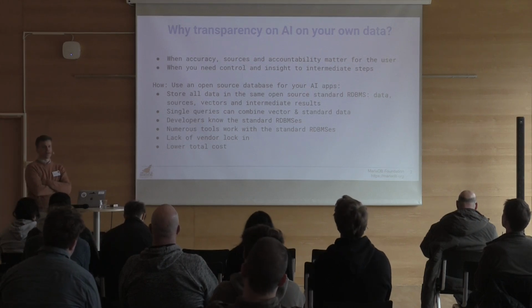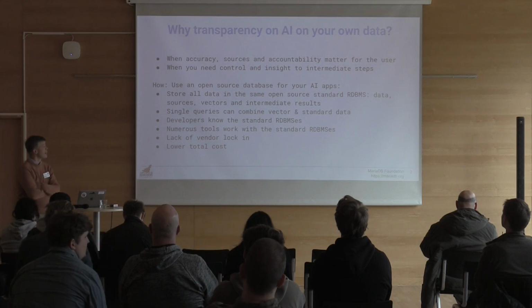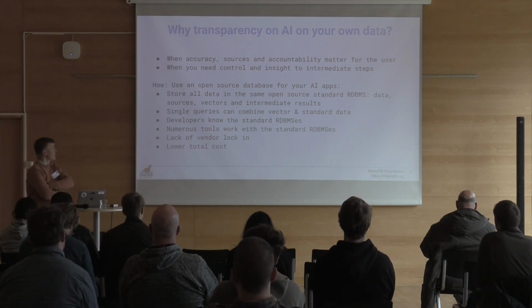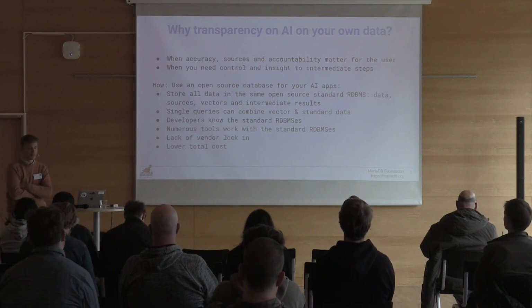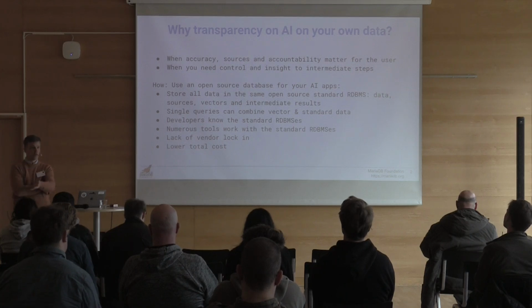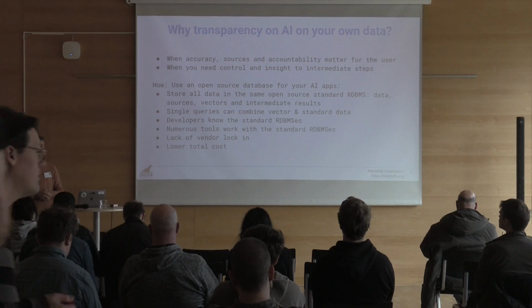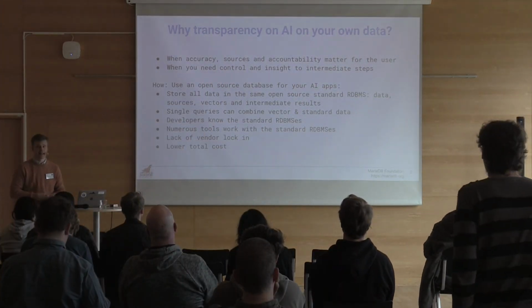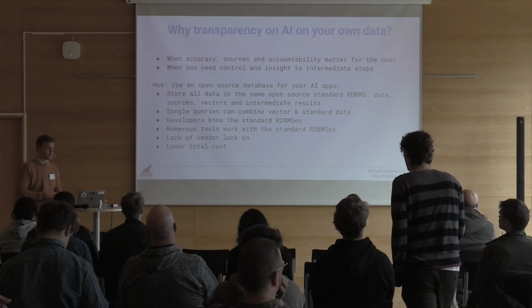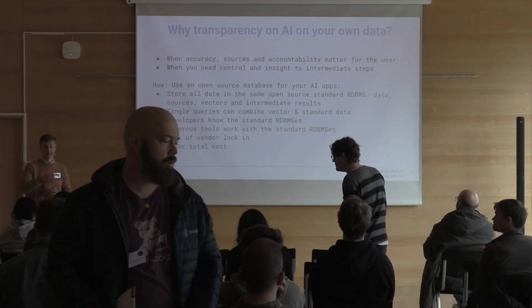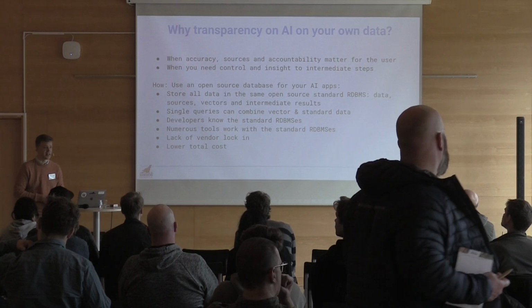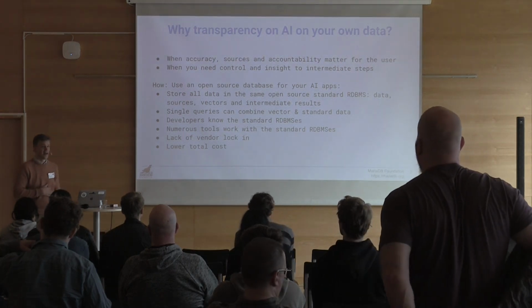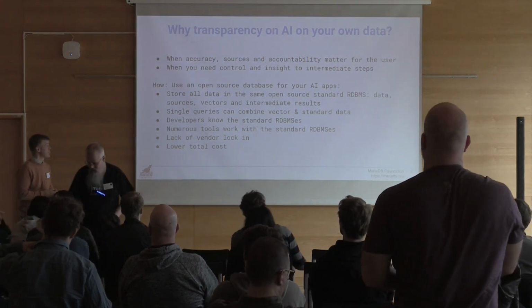So, to get straight to the point, why transparency on your own data? What we were just looking at in the previous one was where you prompt an LLM and you get an answer. And I'm sure many of you have tried ChatGPT and others and you simply get answers, and you don't know what exactly it's based on.